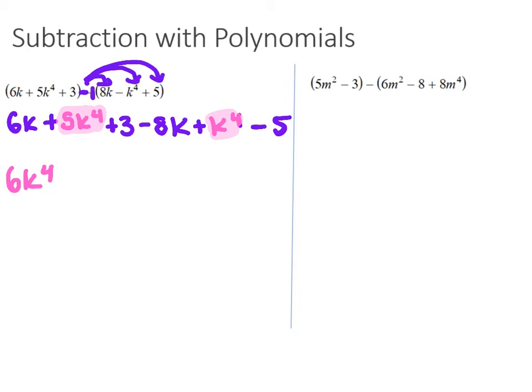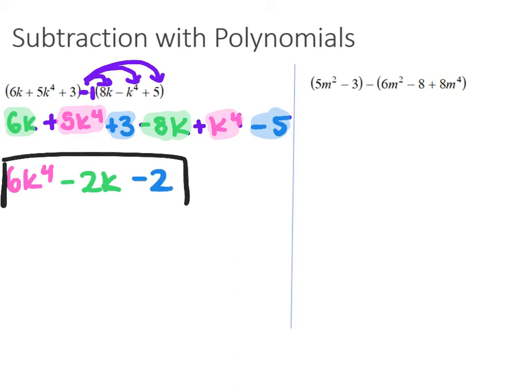Then we can combine the 6k and negative 8k to be minus 2k. And then lastly, we can combine the plus 3 and minus 5 to become minus 2 to give you your final answer.